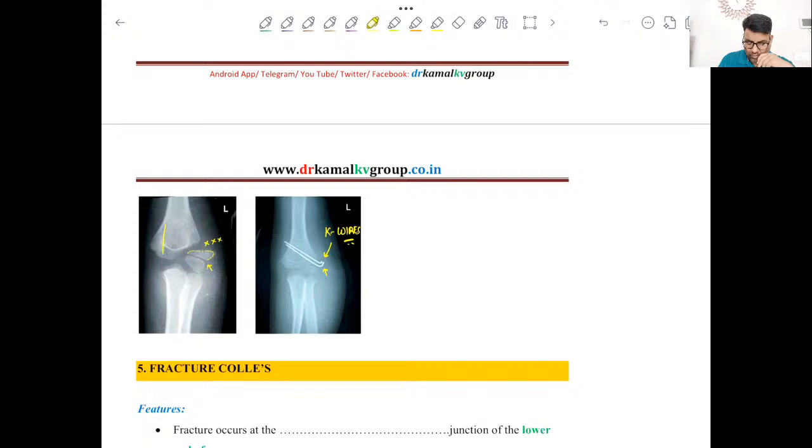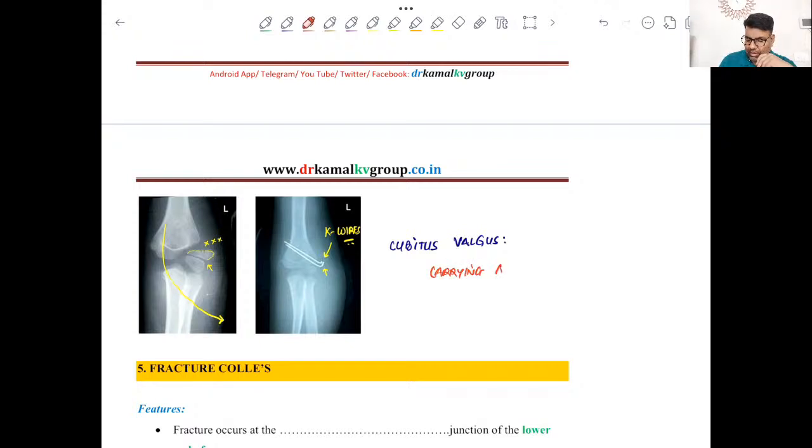So over a period of time, there will be a valgus deformity, because there is no growth on the lateral aspect, but the medial epiphyseal area is working perfectly, so it will keep on growing, and therefore it will lead to outward deviation of the forearm, and this condition is known as cubitus valgus. And here the carrying angle will increase.